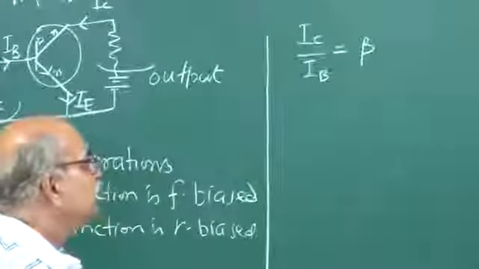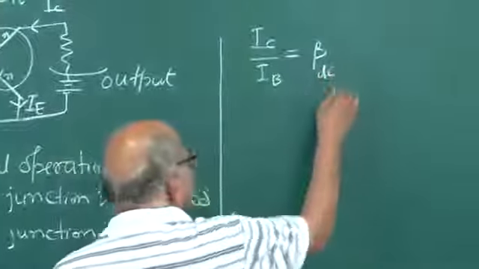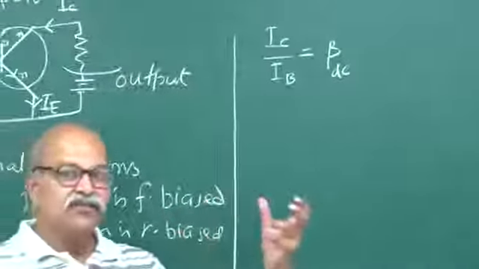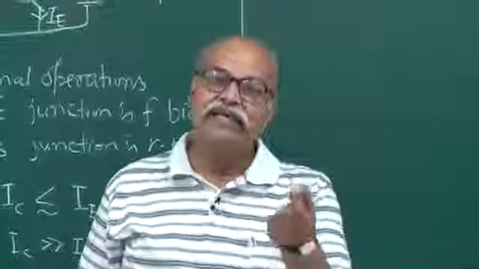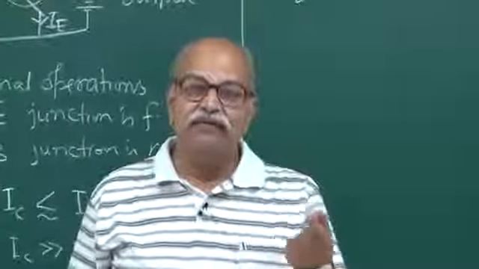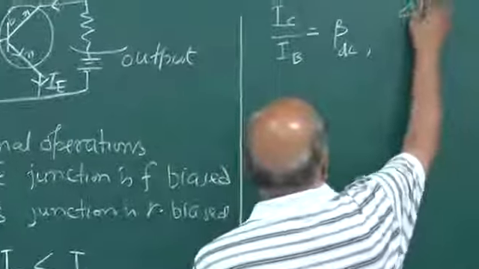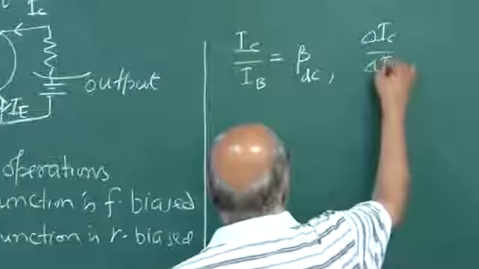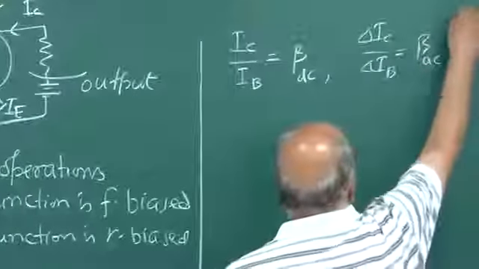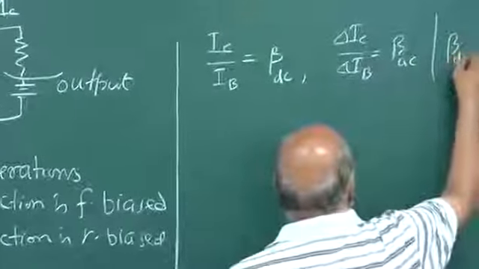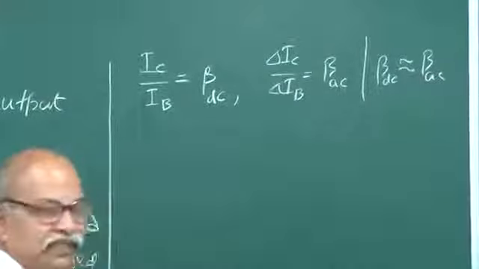Sometimes it is written beta DC, because we are just taking the ratio of IC and IB. Most of the time people are interested in small changes. So, if there is small change in IB, what will be the change in IC? So, you can define delta IC over delta IB also, and that will be written as beta AC, but not much difference. Beta DC, beta AC are almost the same, and so if you just call it beta, it is fine.